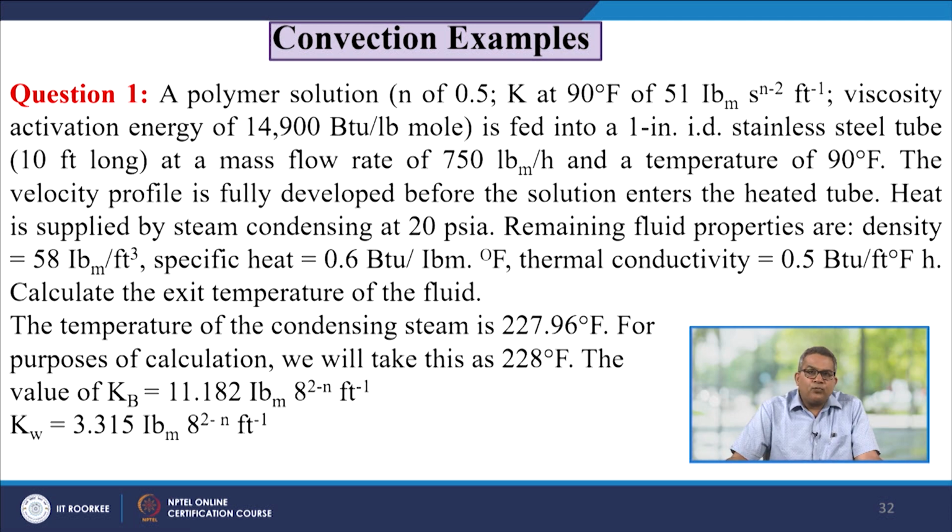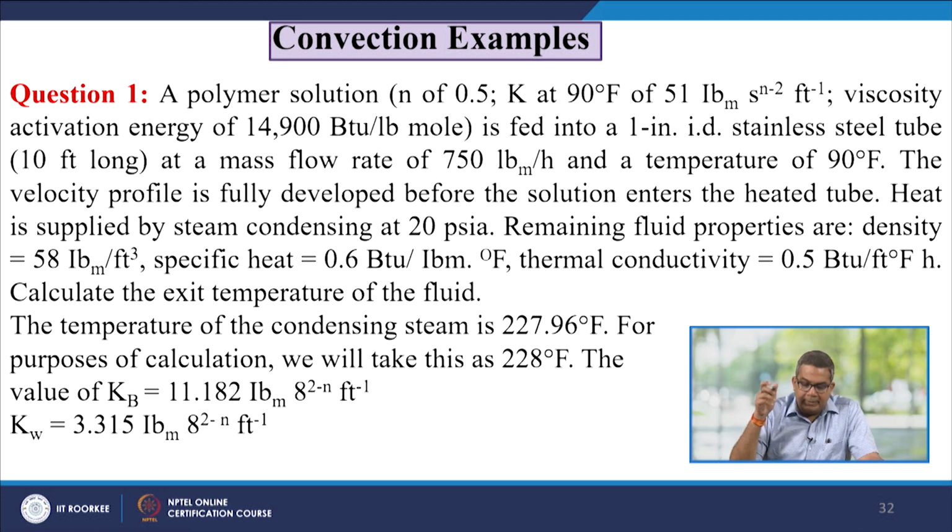The velocity profile is fully developed before the solution enters the heated tube. Heat is supplied by steam condensing at 20 psia. The remaining fluid properties, density, specific heat and thermal conductivity, are given. So, you need to calculate the exit temperature of the fluid.